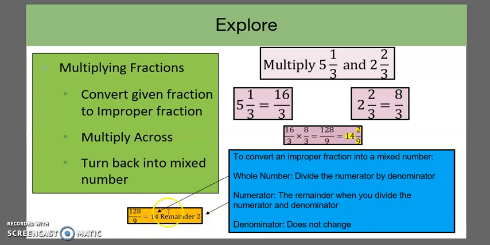These two numbers are going to be very important to go back into our answer. The 14 will be our whole number, the 2 will be our numerator, and we know that the denominator does not change. Providing students with this support can be very helpful for converting mixed numbers into improper fractions and also multiplying fractions and the steps that are required. We're going to look at two problems that do this.